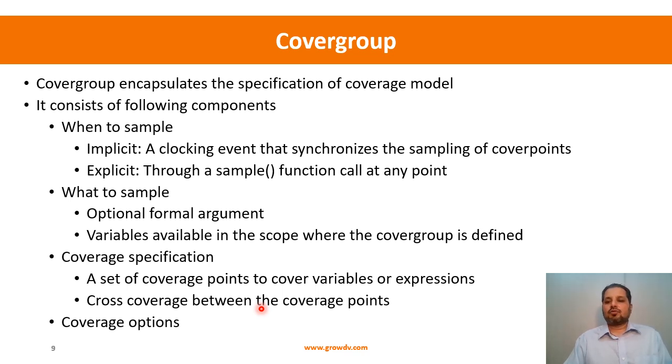And sometimes you might define a cover point only to create a cross, in which case you don't want a double reporting of the cover point, right? So in those cases, use options to eliminate that particular cover point from being reported, because in the cross anyway it will get reported. So that is the coverage specification.